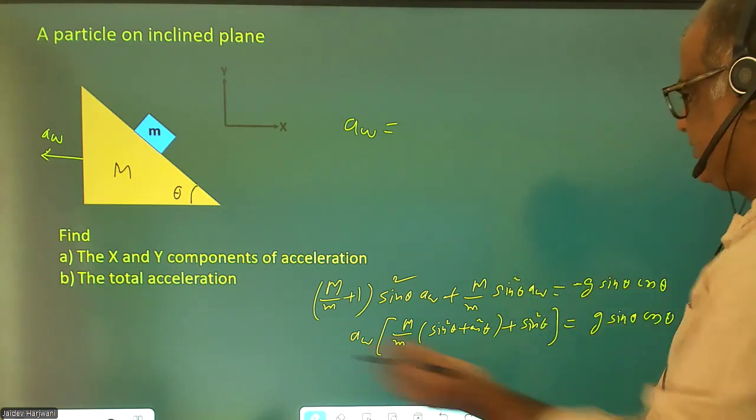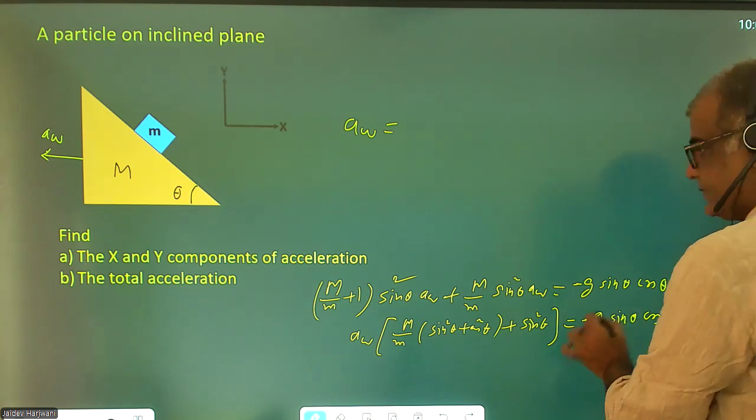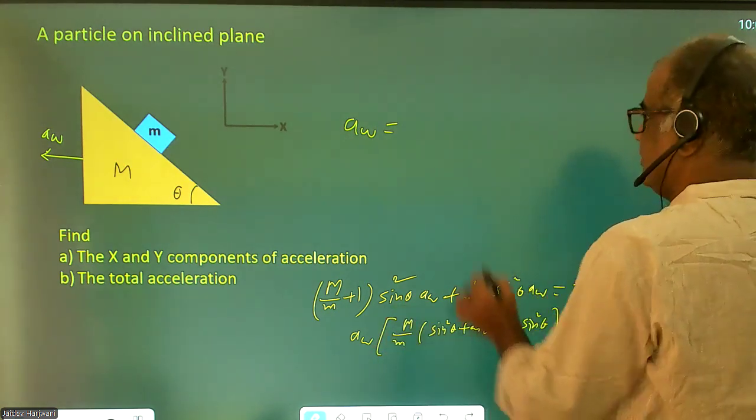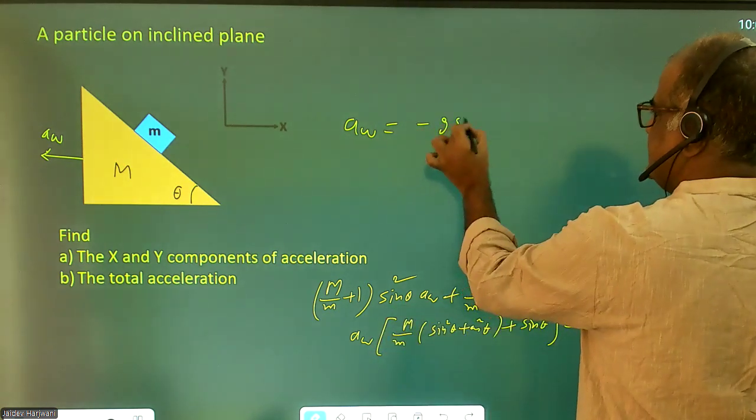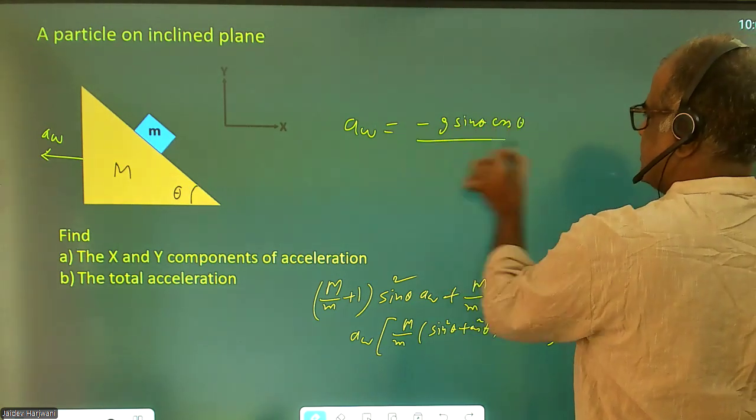It should be a minus sign because we are bringing this here. So the acceleration of the wedge will be equal to minus g sine theta cos theta.